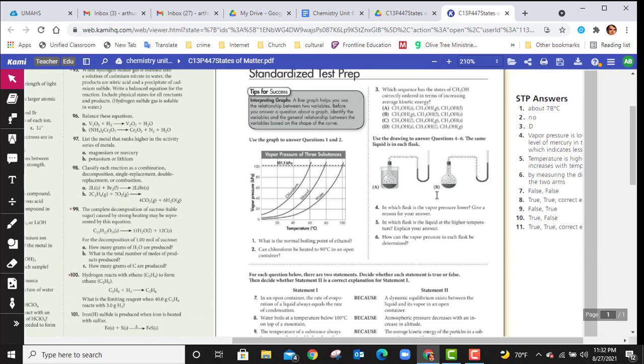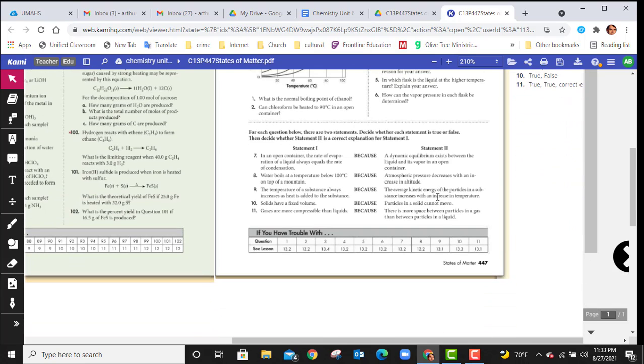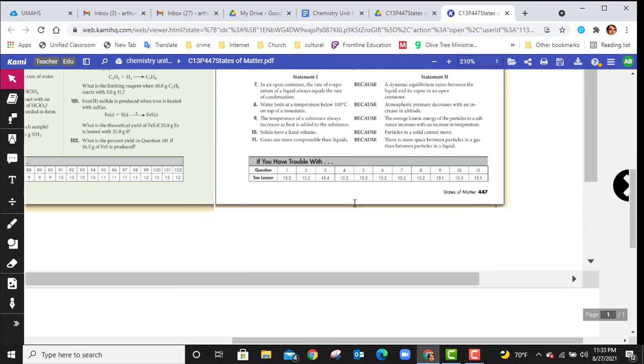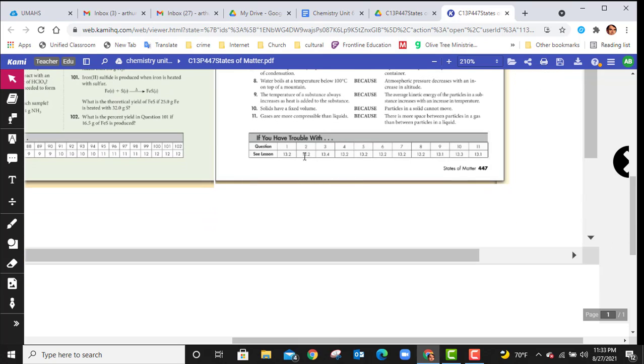There's a series based on a diagram. And then these are more true, false. And if you have problems with any of these, they are numbered here, and then it tells you what section to go back to check up and reinforce your knowledge.